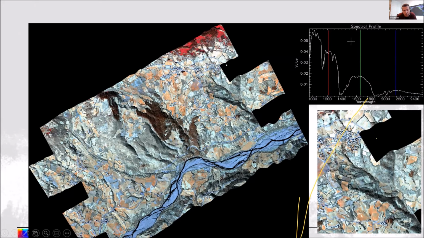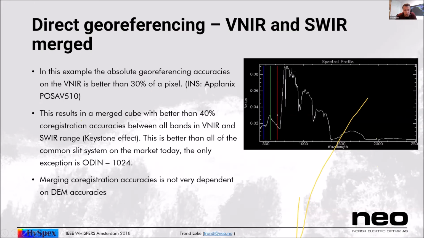Same area, they are running in sync, the VNIR and SWIR camera, so it's very easy to co-register the VNIR and SWIR together. So you can get a full cube from 400 to 2500. And here also, if you want a full cube based on two systems, you need to consider what kind of optical architecture they are.